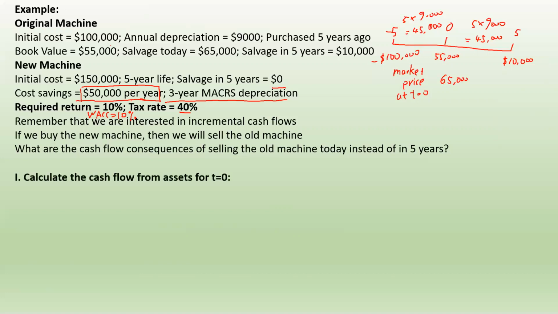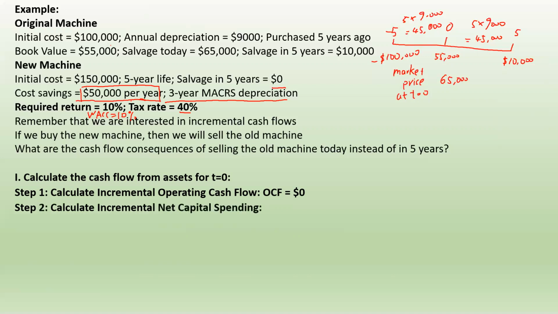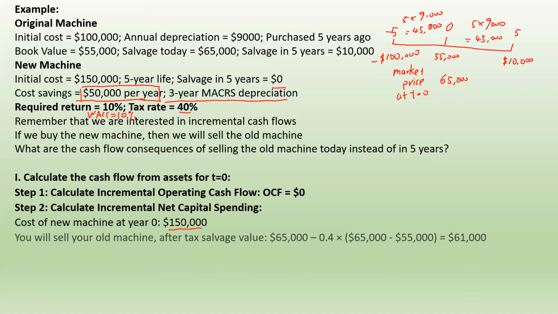So first, estimate the cash flow from assets for t equal to 0. The incremental operating cash flow, no, because the new machine, you cannot use it immediately. The incremental net capital spending, you need to buy the new machine today, which is 150,000.